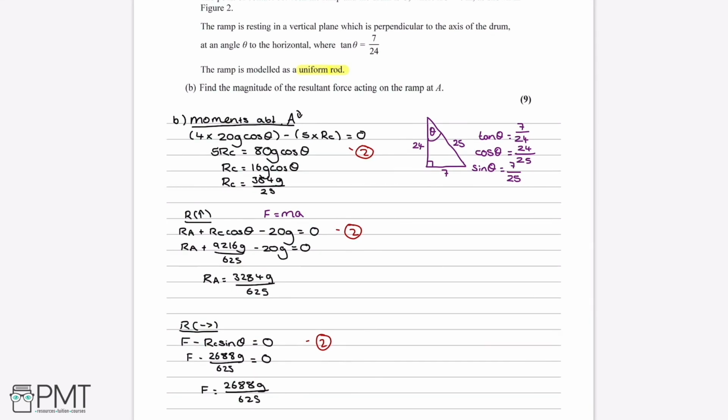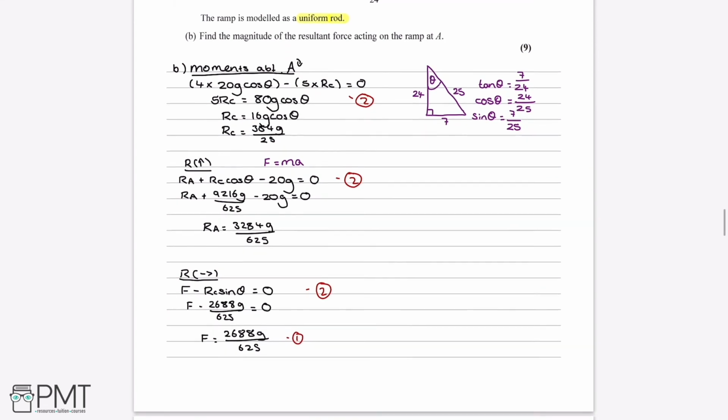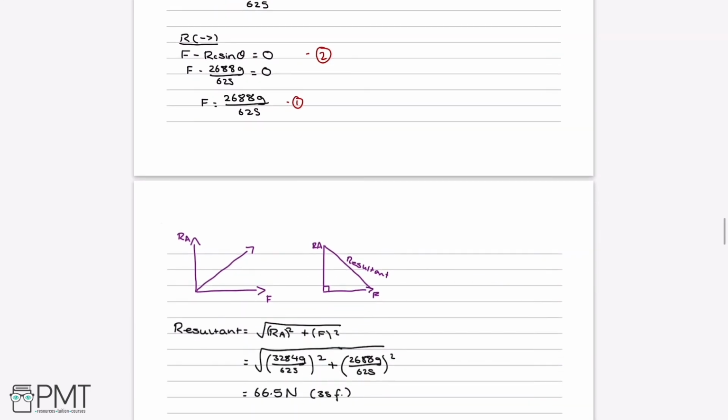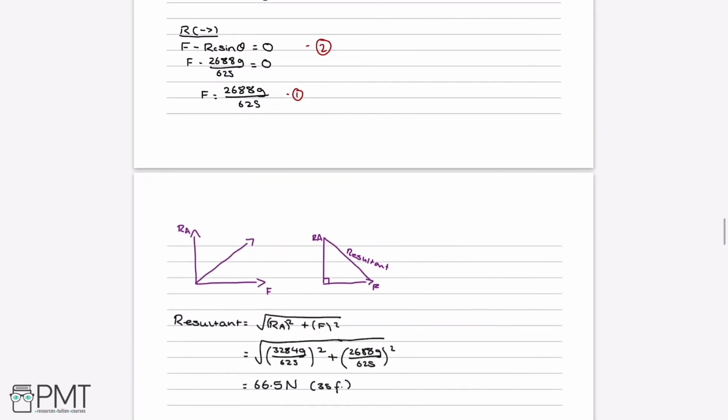So our next 3 marks now come from, first of all, finding a value for RA, the reaction force at A, and F, the frictional force. So getting this value and this value will get you 1 mark for getting both of them. So if we mark that on here. And now our second to last mark comes from over here using Pythagoras' theorem to find the resultant force.